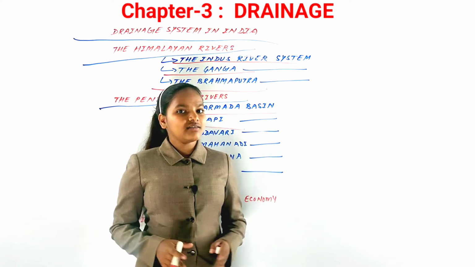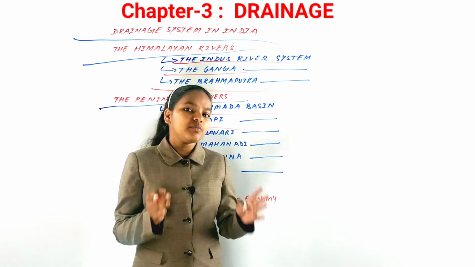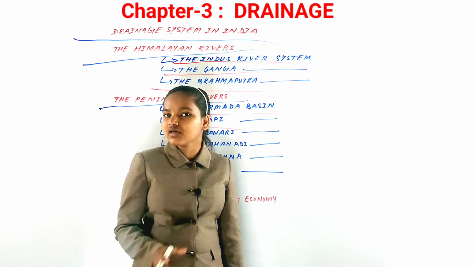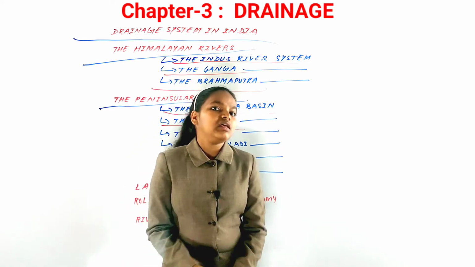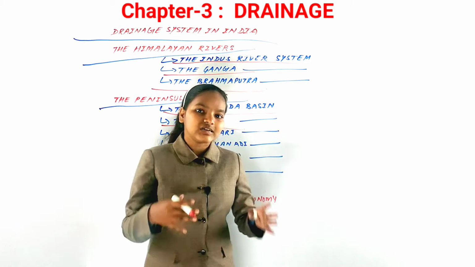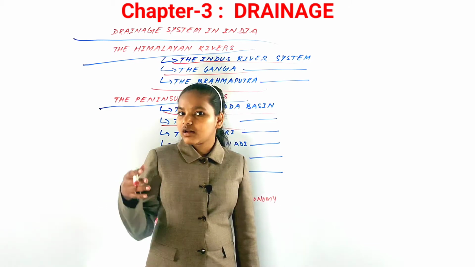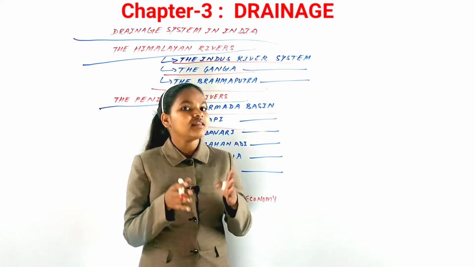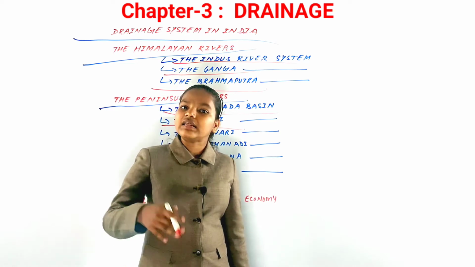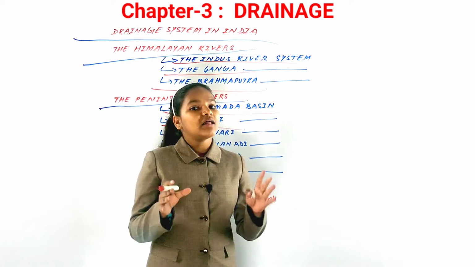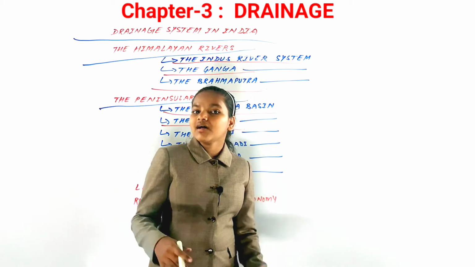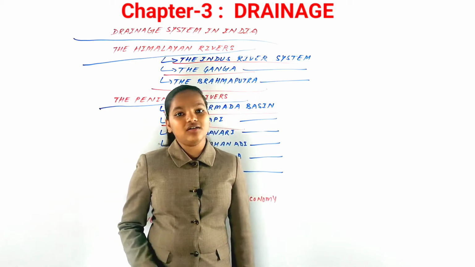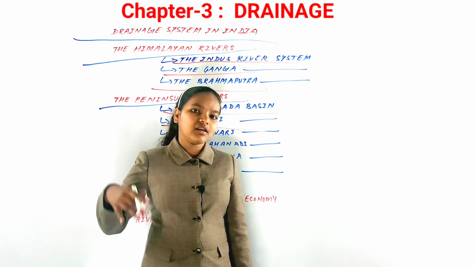It arises from the Satpura ranges of Madhya Pradesh, and then it goes to Maharashtra, then to Gujarat, and then finally into the Arabian Sea. But its length is much shorter compared to the Narmada River, which is about 1312 kilometers, while the Tapi River is about 724 kilometers.